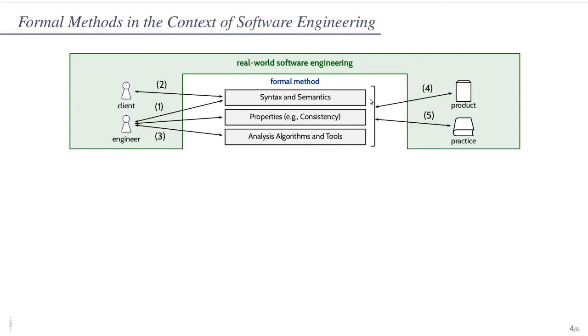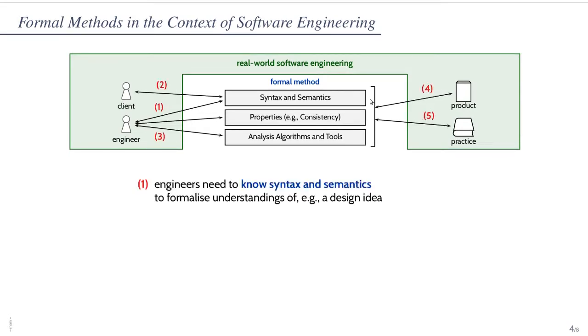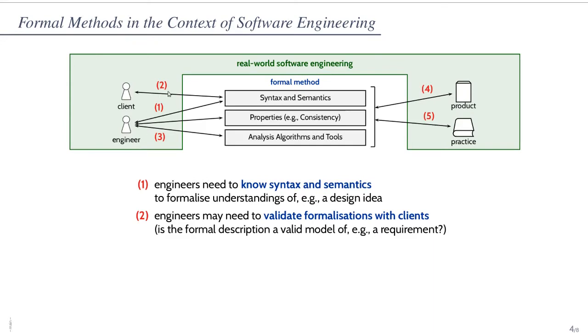Now, what are the relations that we need to cover in teaching? Well, the engineers need to be able to create models, so they need to know the syntax and semantics of their formalism well in order to formalize understandings of, for example, a design idea. The engineers need to be able to validate formalizations with clients or customers. For example, is the formal description a valid model of a given requirement?